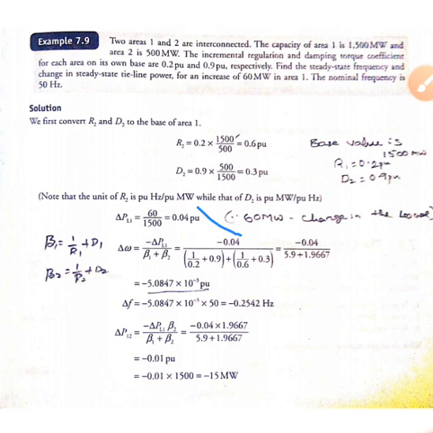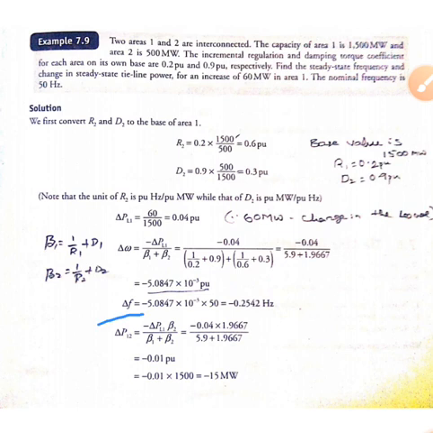Similarly, beta 2 is 1 divided by R2 plus D2, where R2 is 0.6 and D2 is 0.3. We can substitute all the values in this formula and we get delta omega as minus 5.0847 into 10 raised to minus 3 pu. This is in per unit, and after that we can calculate delta f, the deviation in the frequency, in actual units.